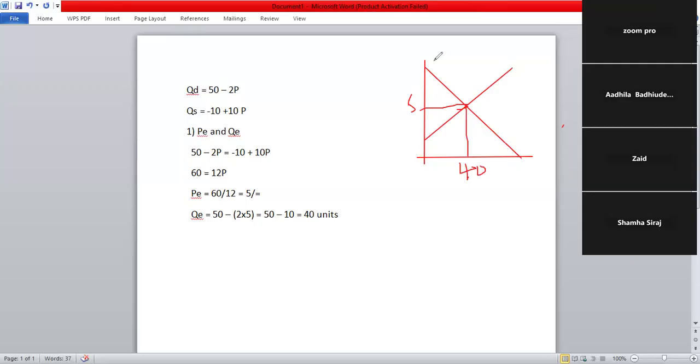Right. Now come to the second question. PED and PES at equilibrium. Right. Start quickly. Quickly calculate.